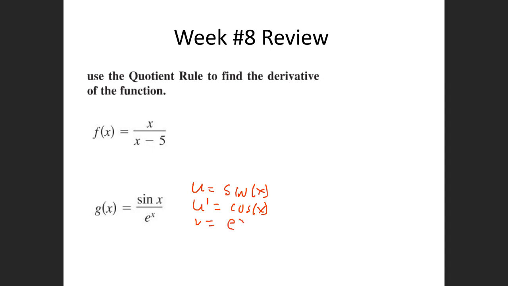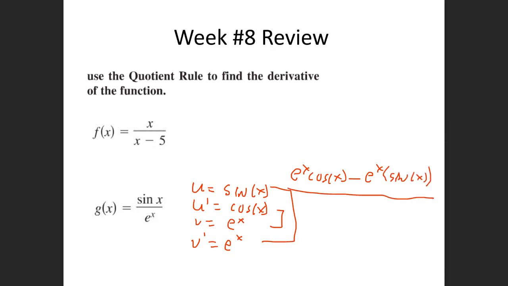V is equal to e to the x, and v prime is the derivative of that, which is still just e to the x. So inside, so e to the x cosine of x minus outside, so e to the x sine of x, all over bottom squared.